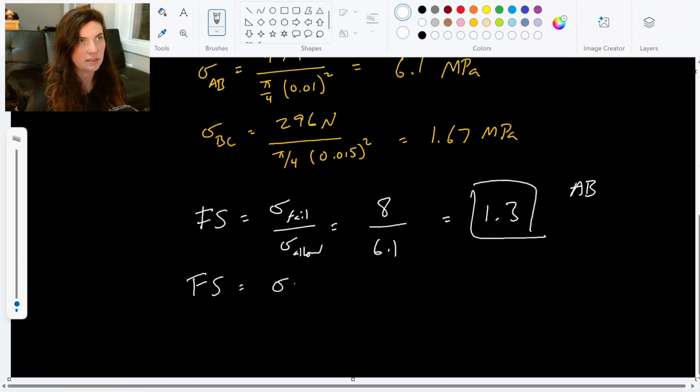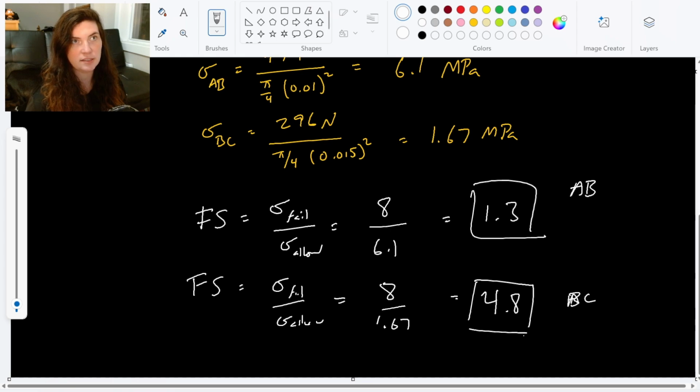Go through the same process with the other one. Our failure over the allowable is 8 over 1.67. Gives us a safety factor of 4.8. Now that one's looking a lot more comfortable, right? That's a lot better. This tells us that we should really be watching out for cable AB.